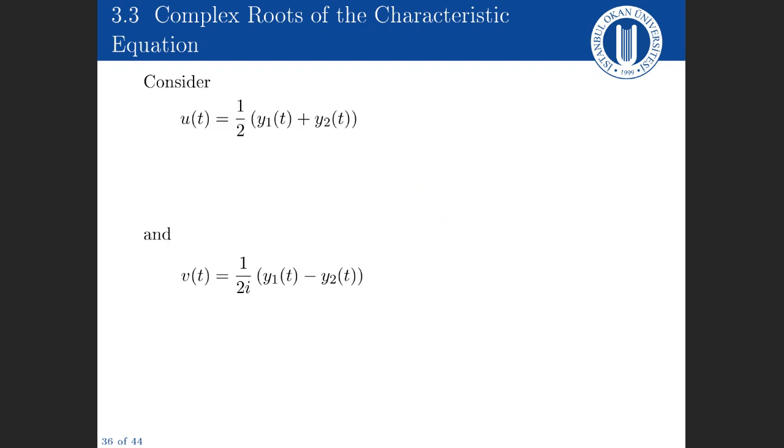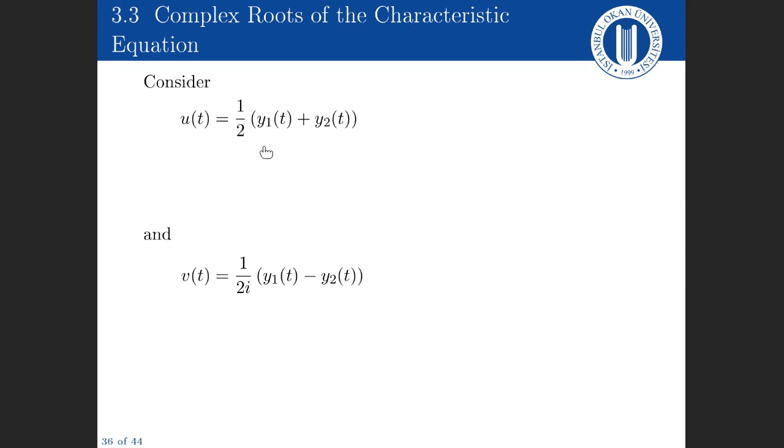Instead, we're going to be considering these two functions, u and v. u is going to be a half of y1 plus y2, and v is going to be 1 over 2i of y1 minus y2. What am I doing here? u is a linear combination of y1 and y2. y1 is a solution, y2 is a solution, so therefore every linear combination of y1 and y2 is also a solution.